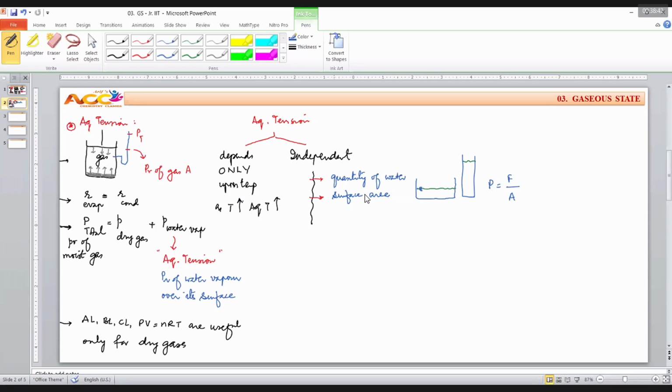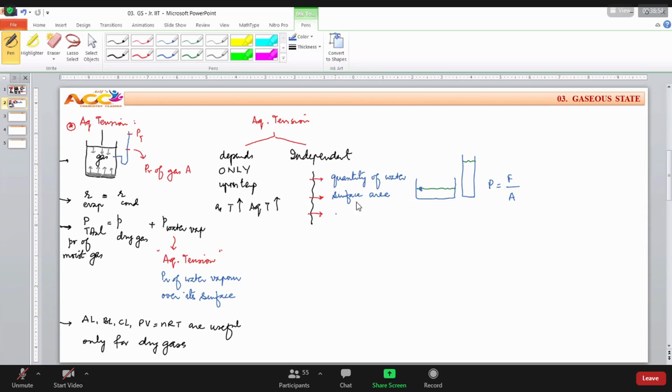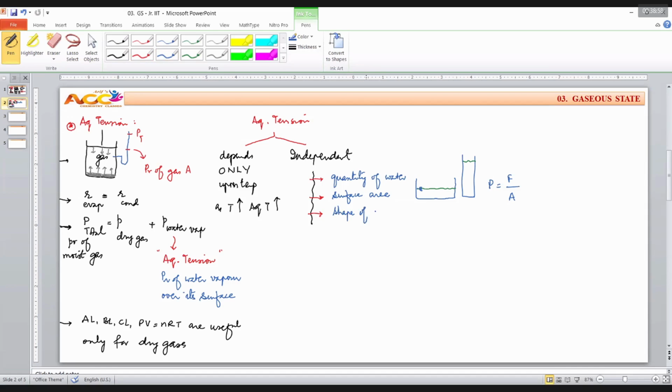When you have given the correct answer to the examiner, the examiner says, okay, how should I give this boy -1 mark. He will change the sentence. Okay, better tell me one thing. Aqueous tension depends upon shape of vessel. Yes or no? Shape of vessel. He is indirectly asking surface area only, because if you change the shape of vessel, surface area changes.